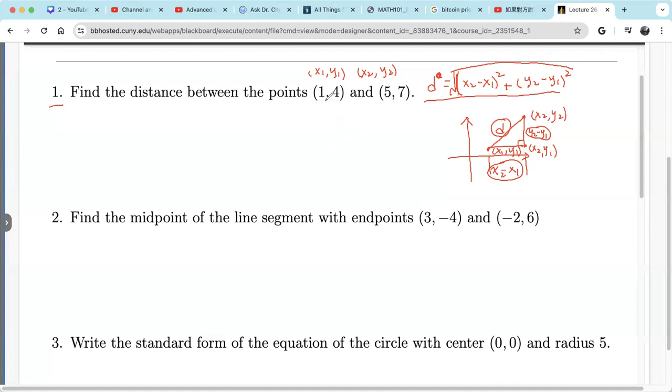In our case, let's call 1, 4 the first point, so 1 is x1, 4 is y1, and 5, 7 is the second point, 5 is x2, 7 is y2.